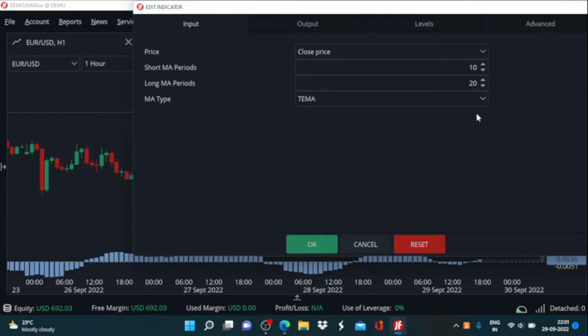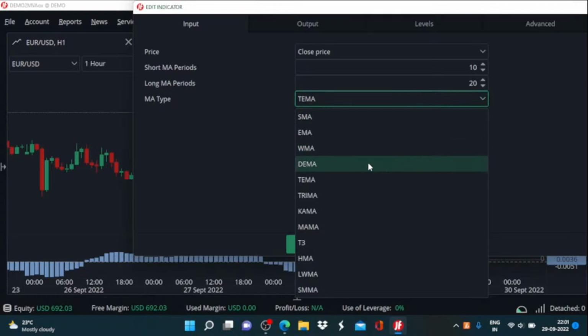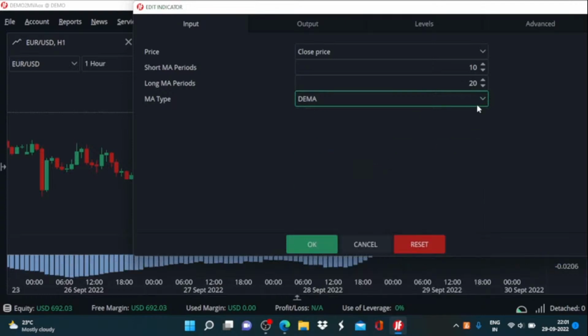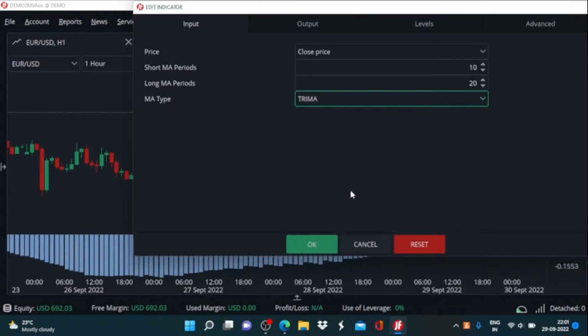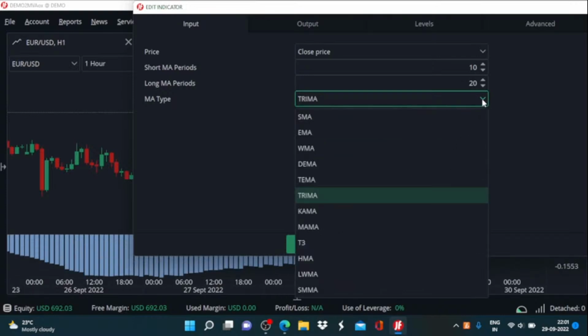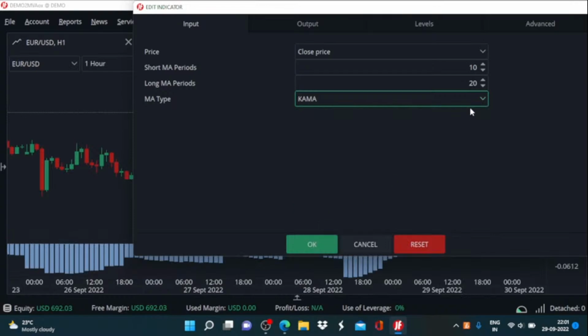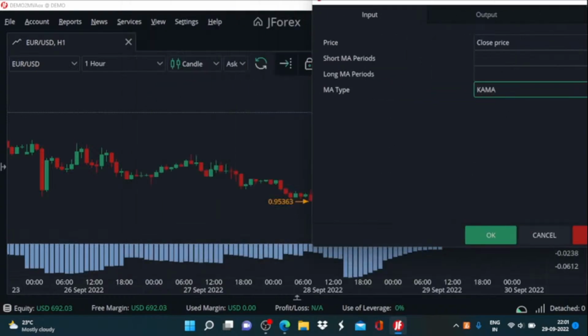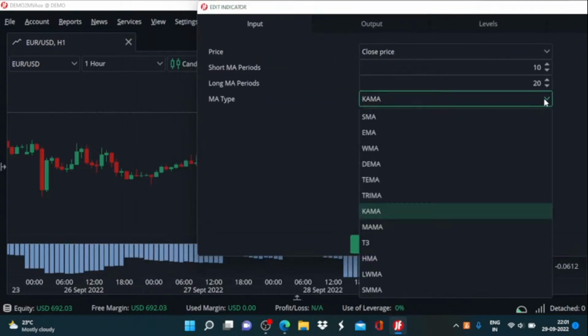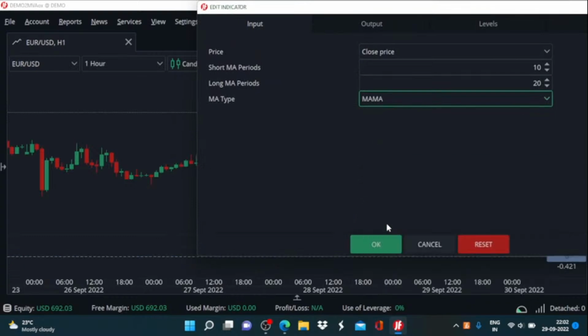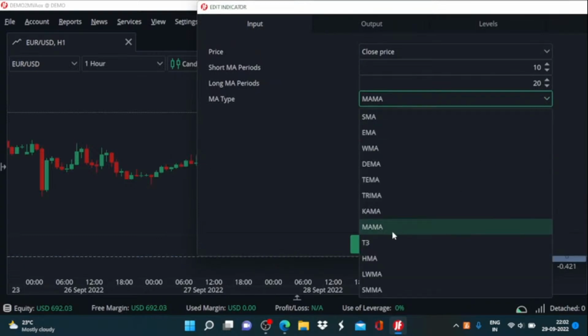As is the case with many other indicators, this is the trade-off you will have to work out for this indicator also, and then find the best possible combination for the purpose of getting profitable, higher probability signals using this indicator. So we try out all these different types of moving averages.